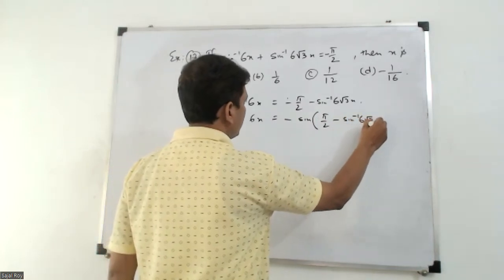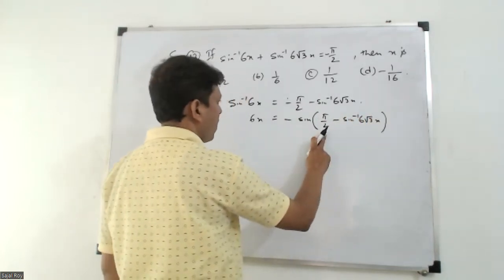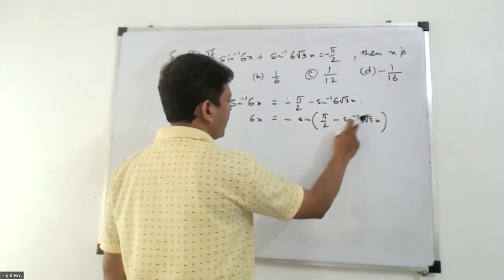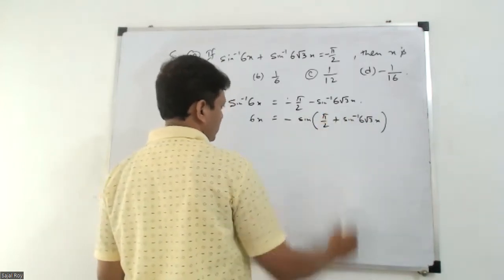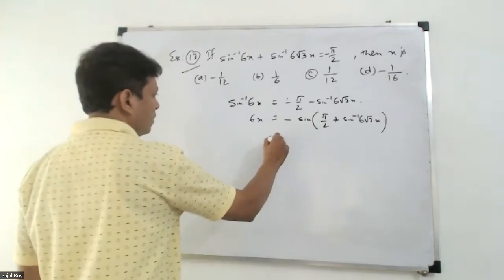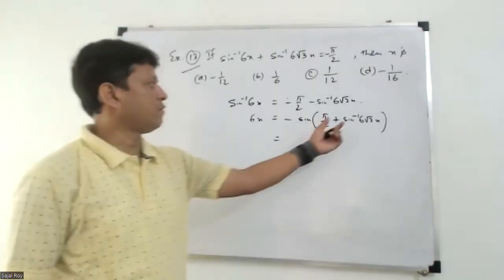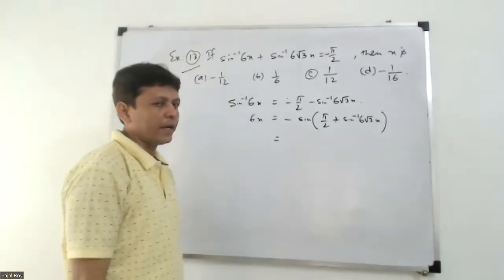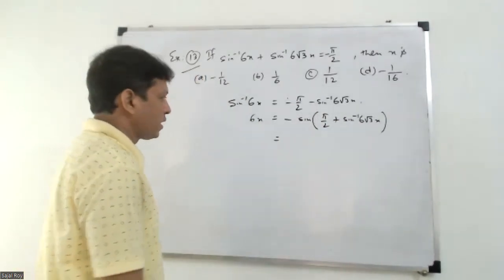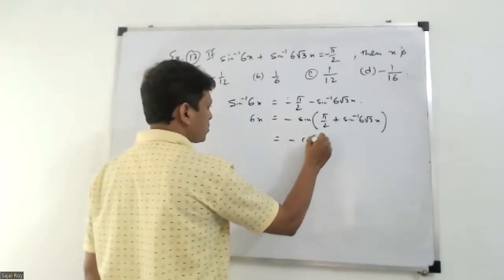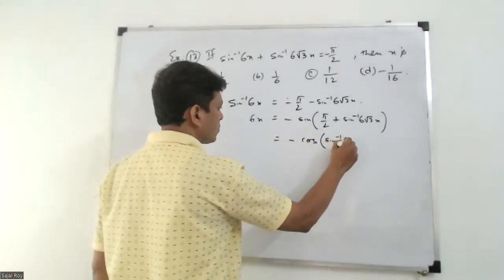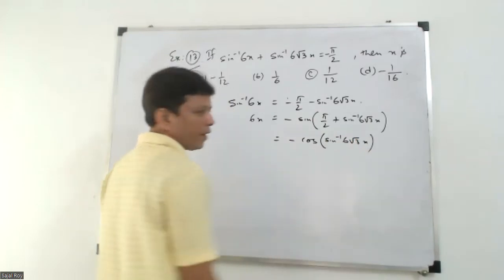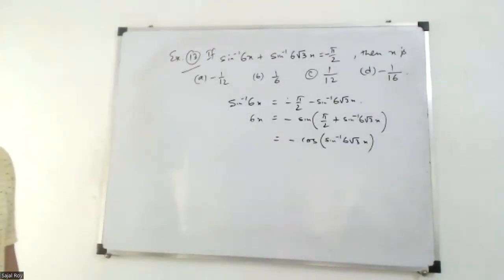Sin inverse of something is an angle, so pi by 2 plus theta is basically in the second quadrant, so it's cos. And in the second quadrant sine is positive, so there will be no change of sign.